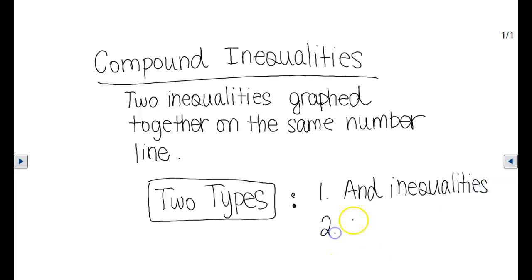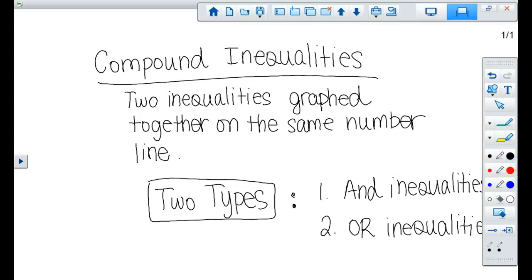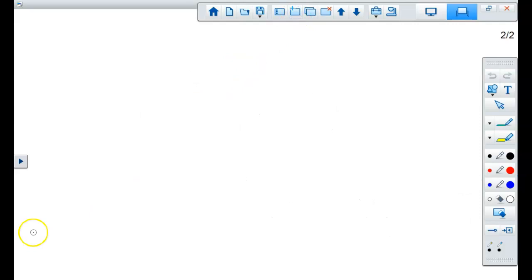And then the second type are the OR inequalities. So AND and OR, those are our two types of compound inequalities. All right, so let's start with AND inequalities.